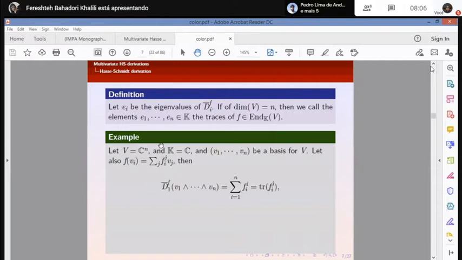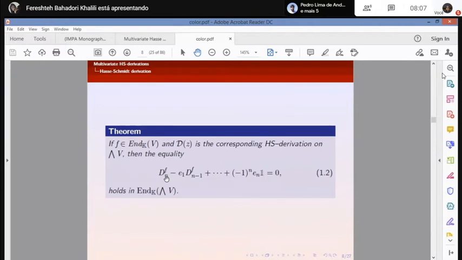And then if we compute d bar 1 of F and apply it to this vector, what we get is exactly the trace of the matrix of F. And also, if we compute d bar n, what we get is the determinant of this matrix.